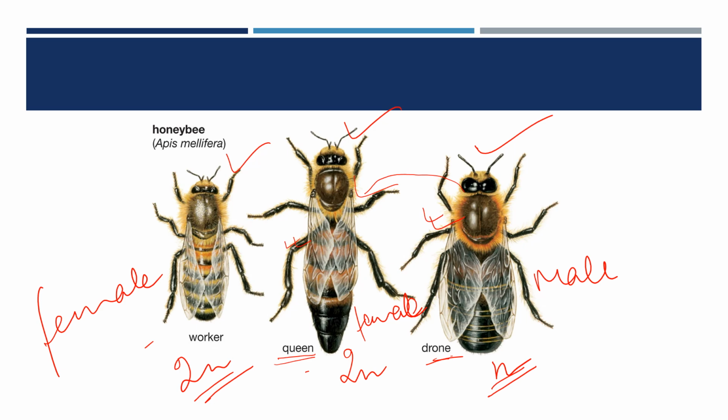Now, this is the male one, that is the drone, and the worker honeybee. The worker does all the work: going out and collecting honey from all the flowers, maintaining the community, even cleaning the beehive.